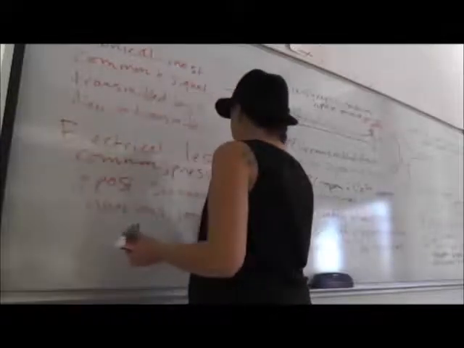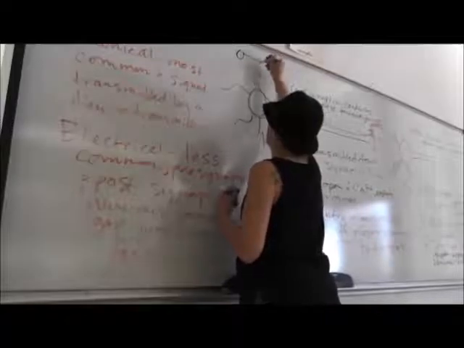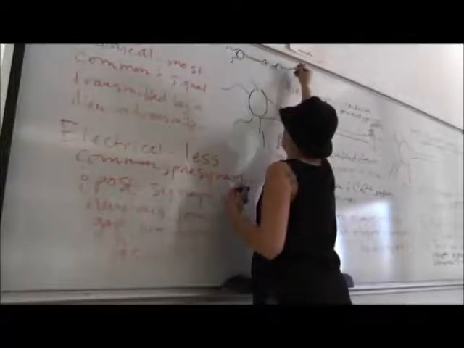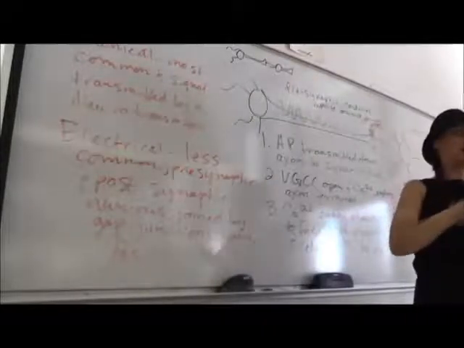This makes them very fast. So if we were to look, our presynaptic neuron would synapse onto our postsynaptic neuron, and they'd be joined by a gap junction. So it's almost instantaneous communication from one to the next.